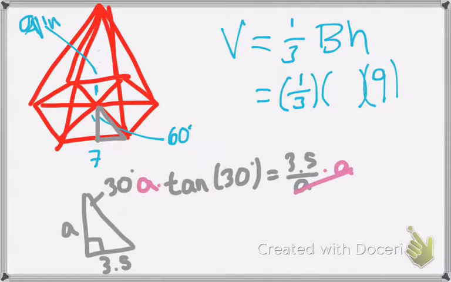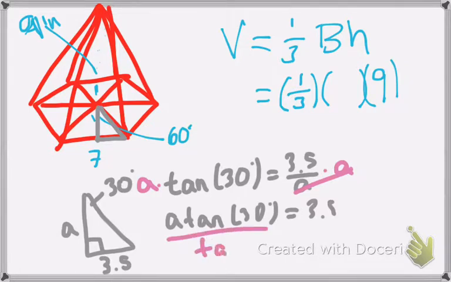So now I have a tangent of 30 degrees equals 3.5. In order to get tangent away from a, I'm going to divide by tangent of 30 degrees. The reason why I'm writing it out is so that I type it in my calculator correctly.